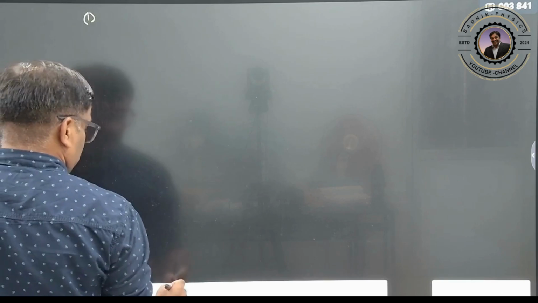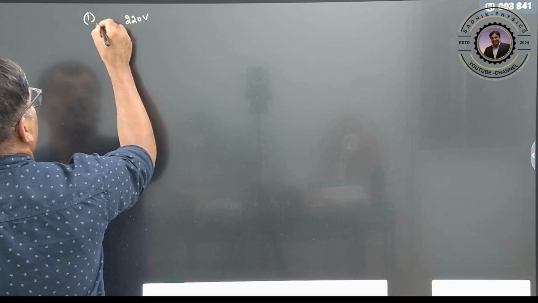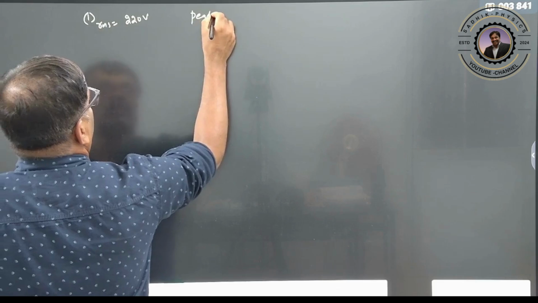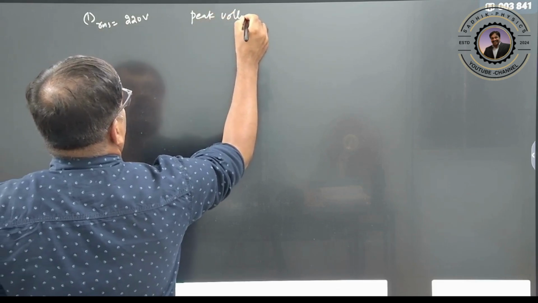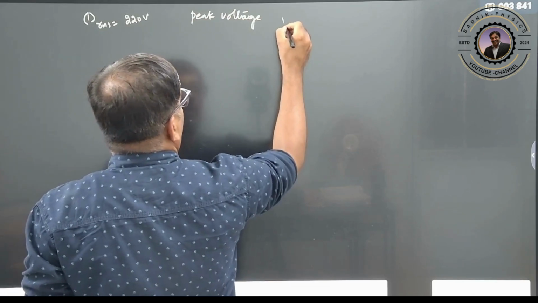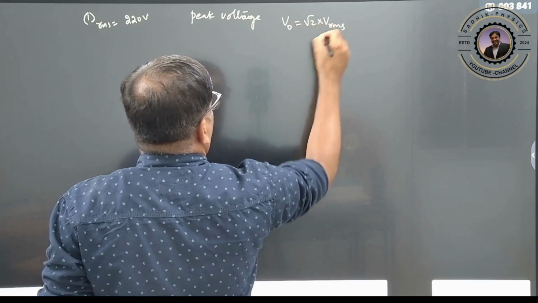In our houses we get 220 volts, which is nothing but the RMS voltage. We want to calculate the peak voltage. How to calculate it? Peak voltage V0 is root 2 times VRMS.